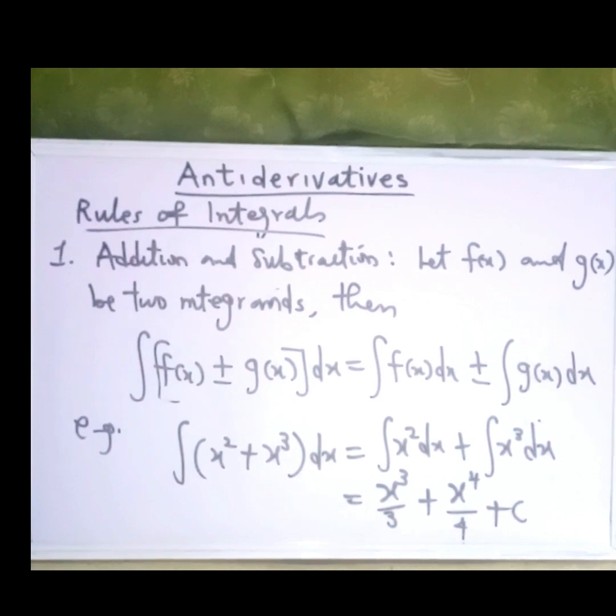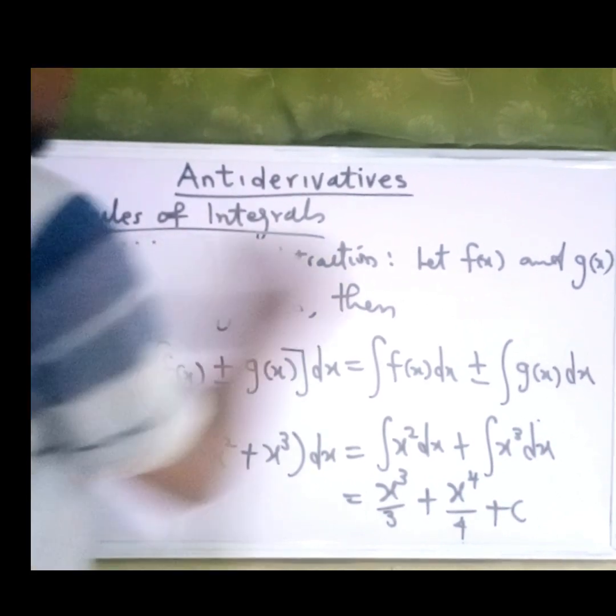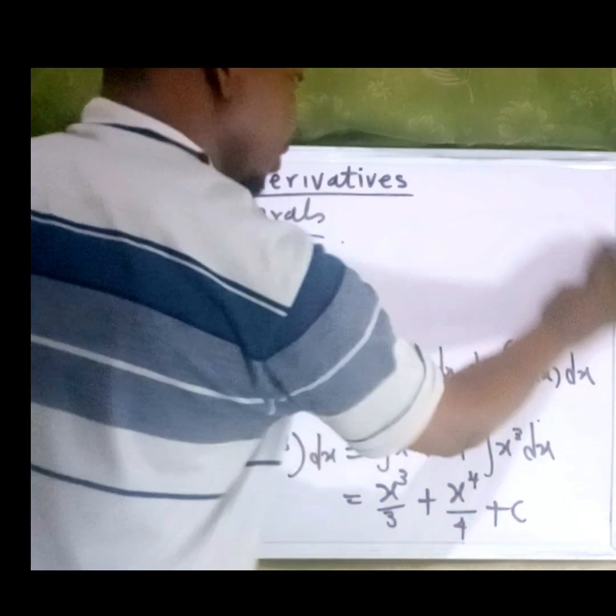So let's look at another rule. This is called scalar multiplication.